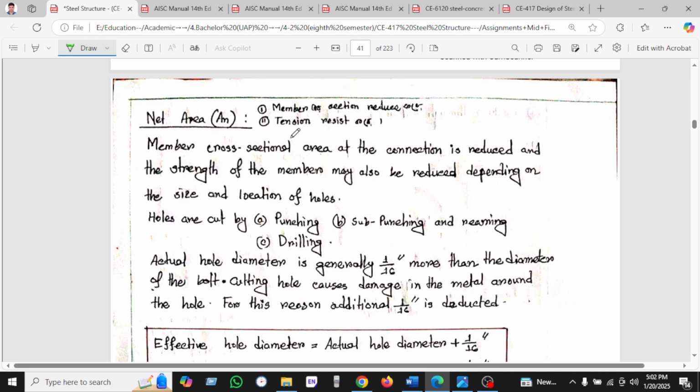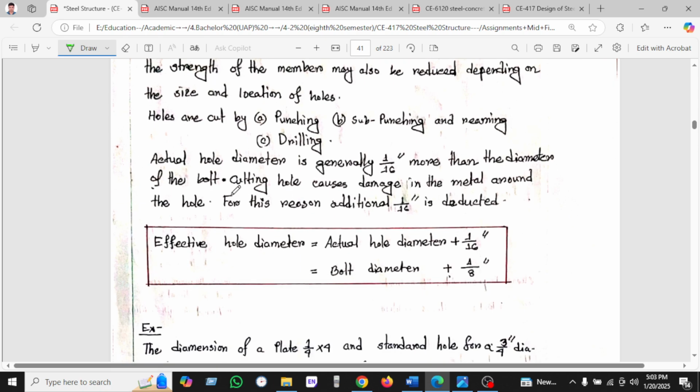So where is the net area? The member section is reduced where the tension is resisted. The member cross-sectional area at the connection is reduced, and the strength of the member is also reduced, depending on the size and loading. Holes are cut by punching, sub-punching and reaming, and drilling. The actual hole diameter is governed by 1/16 more than the diameter.